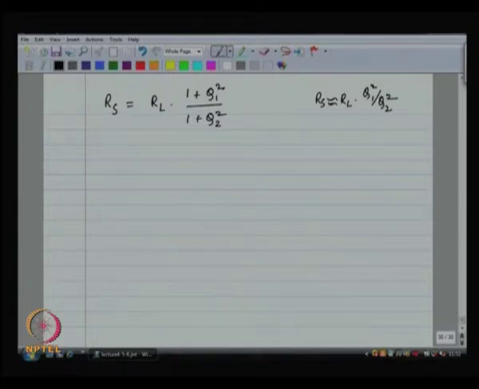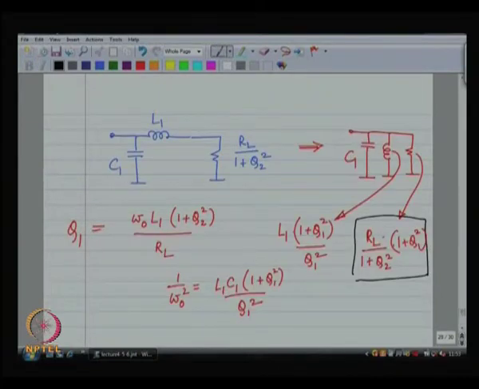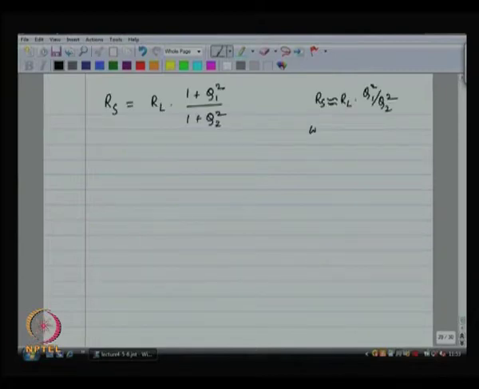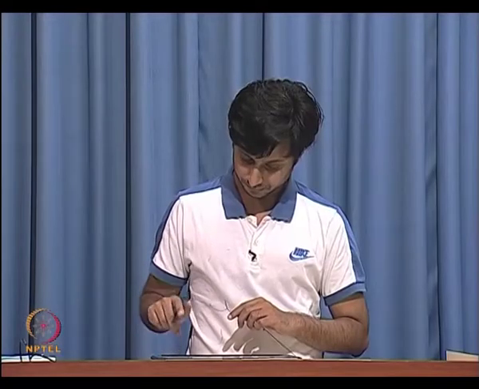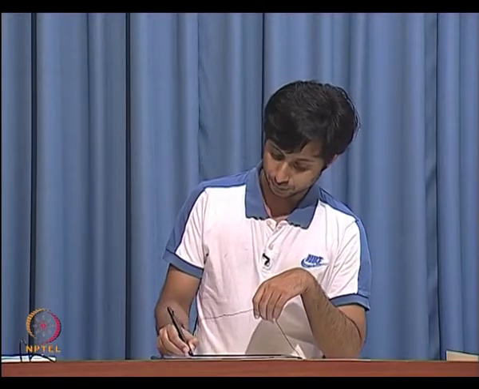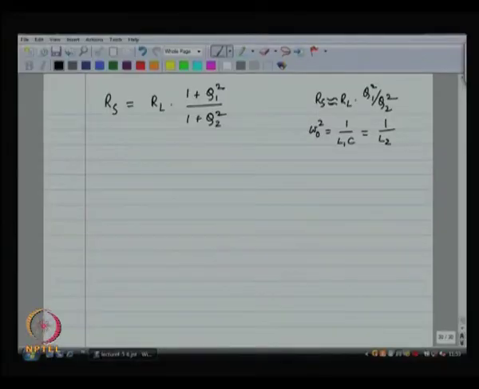Okay. And also what else simplifies? These inductors and capacitors simplify considerably. Basically, the values of the inductors and capacitors are more or less the same. So, omega 0 squared equal to 1 by L 1 C 1, and that is equal to 1 by L 2 C 2. L 1 plus L 2 is the total inductance. Okay.